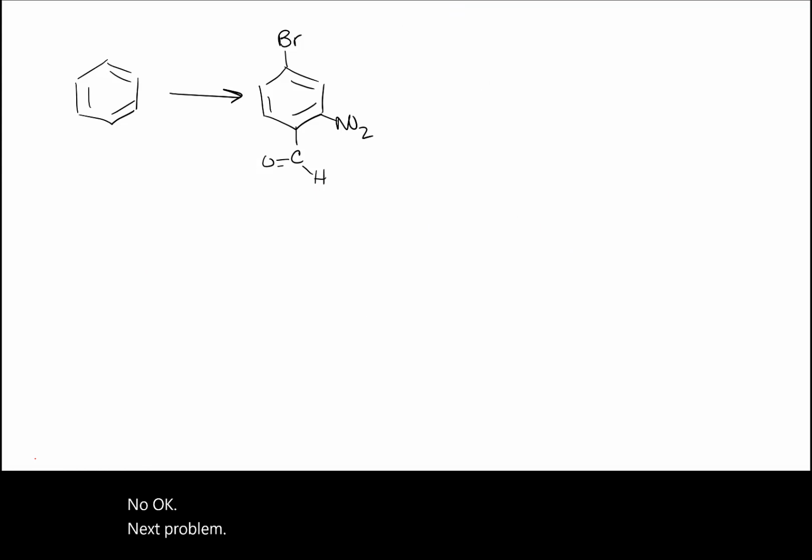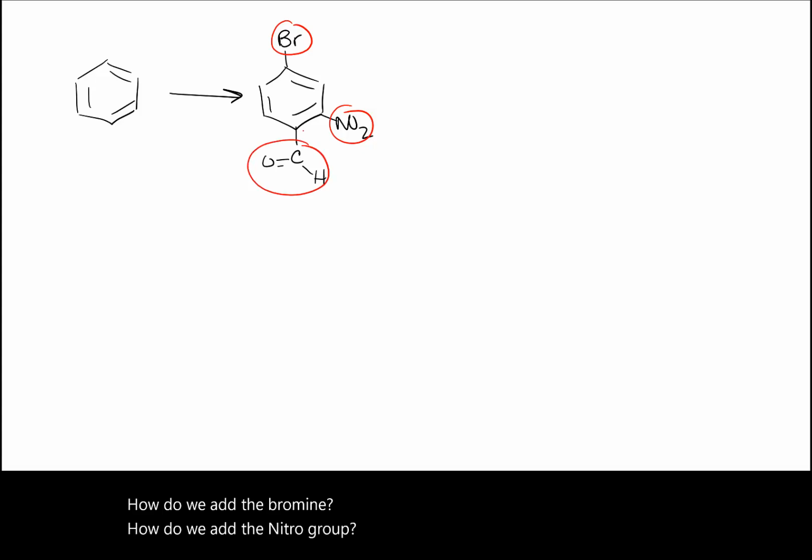Three groups to add to the ring. How do we add the bromine? How do we add the nitro group? How do we add the aldehyde?